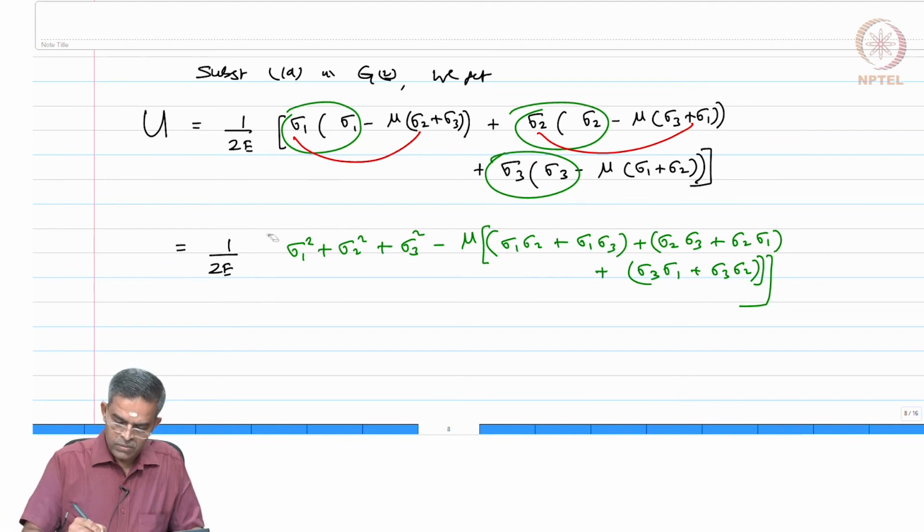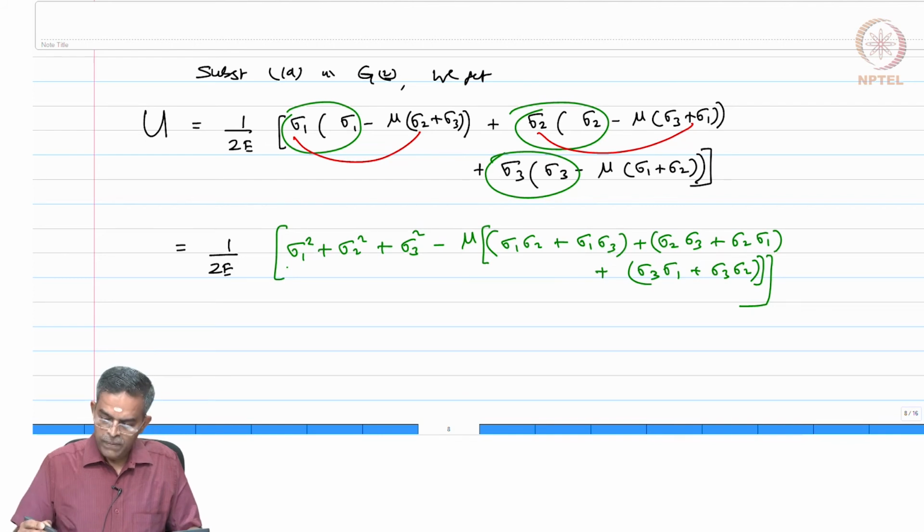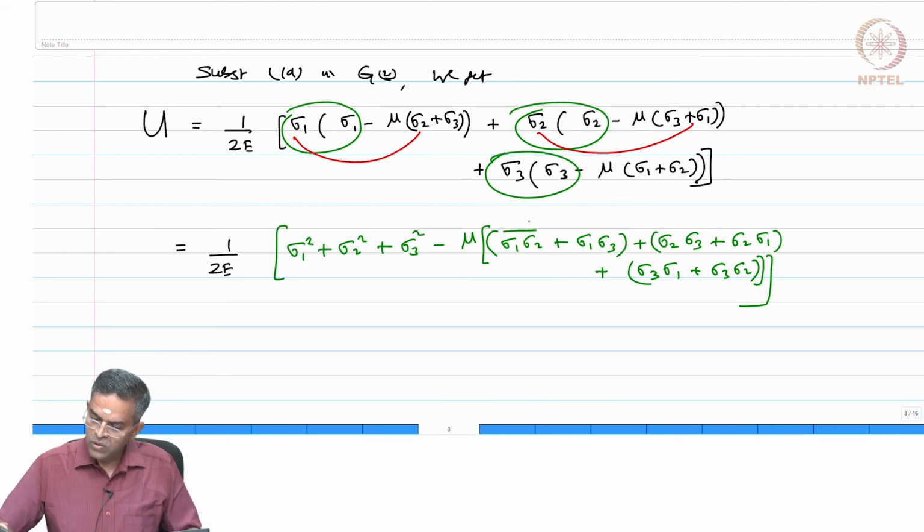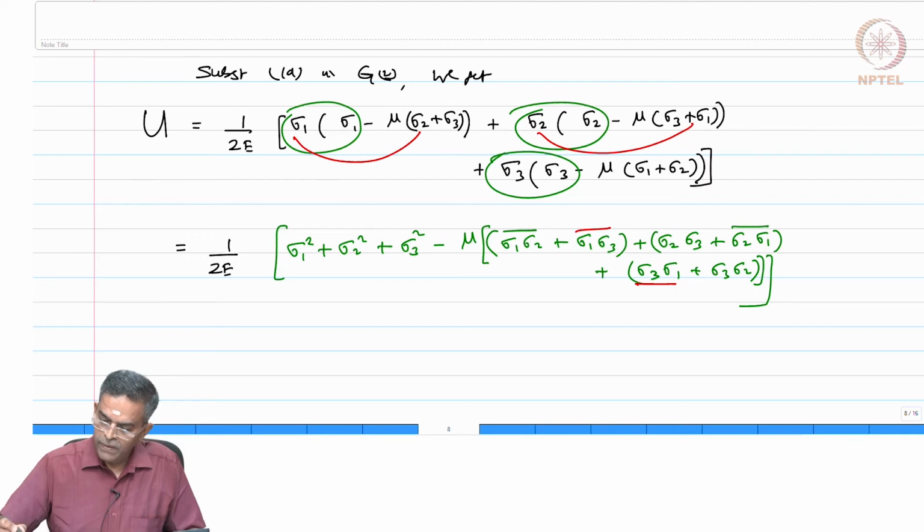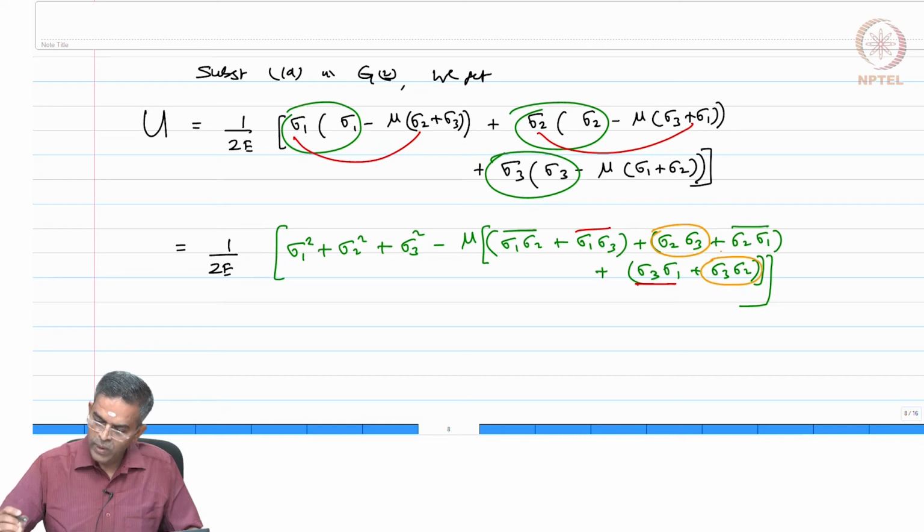Let us put it in green. Okay. Now, you see sigma 1 sigma 2 here, sigma 1 sigma 2 is here. Similarly, sigma 1 sigma 3, sigma 1 sigma 3. Similarly, sigma 2 sigma 3 and sigma 2 sigma 3. So, there are two values here.